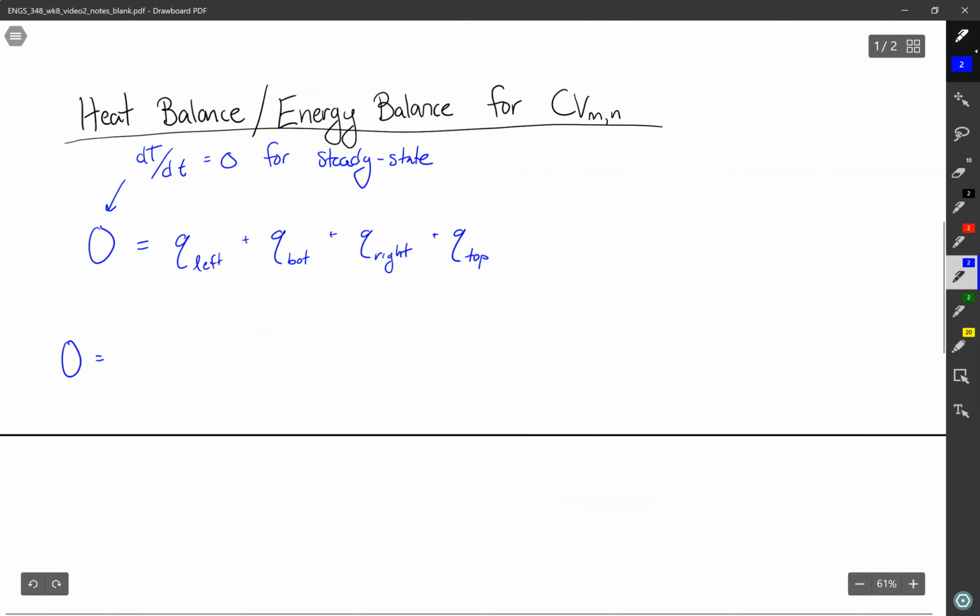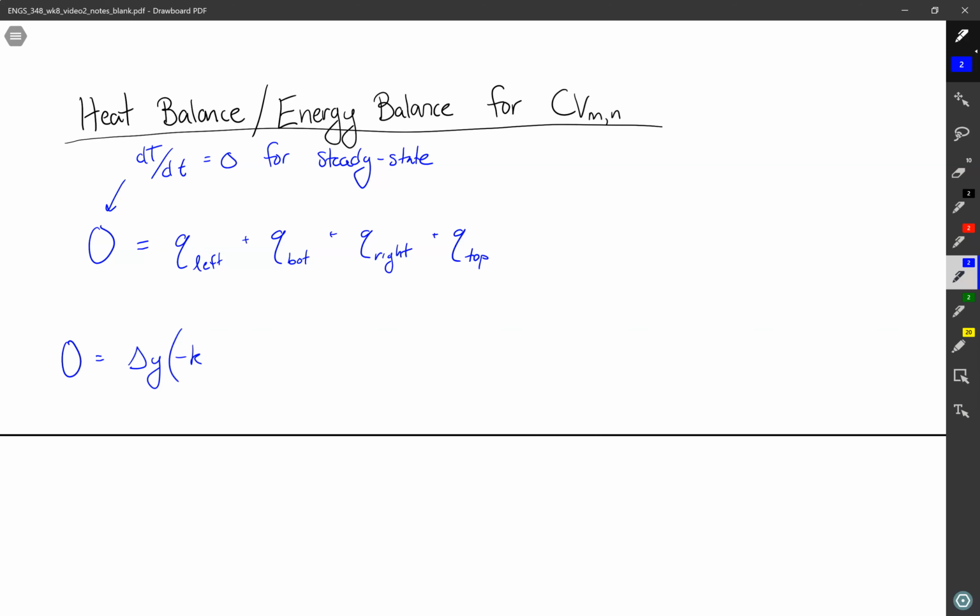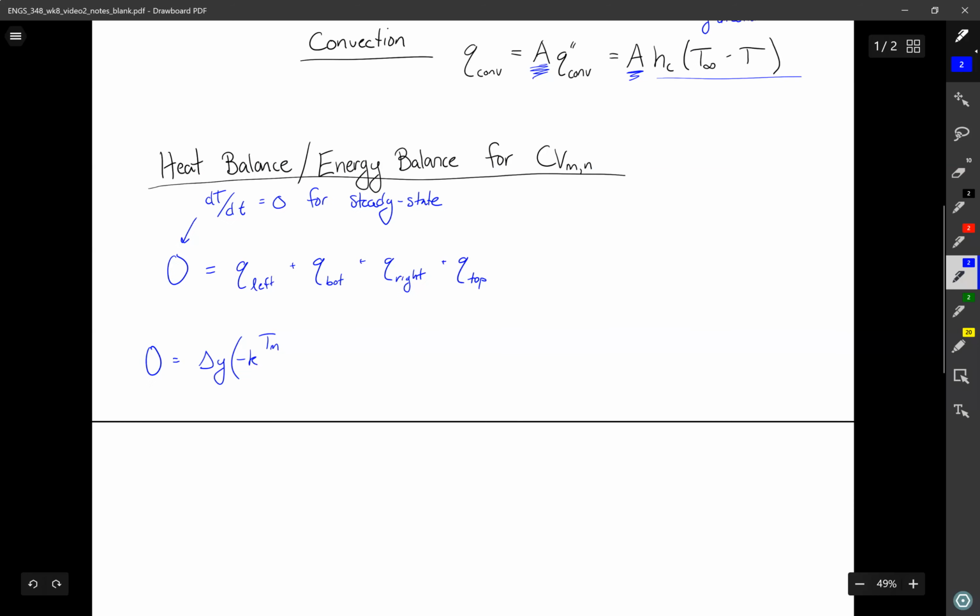So we have the area that conduction is happening over, delta y, times our conduction model, minus K times (T_mn minus T_m-1,n) divided by delta X.